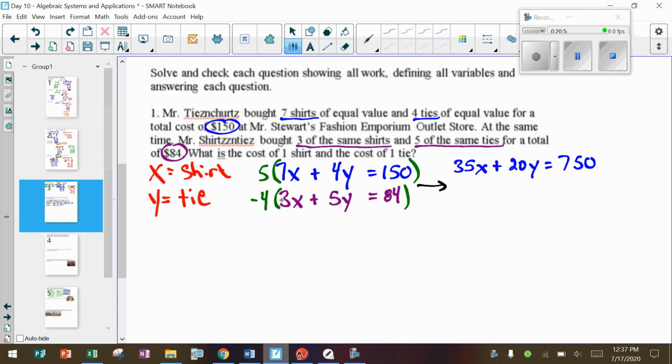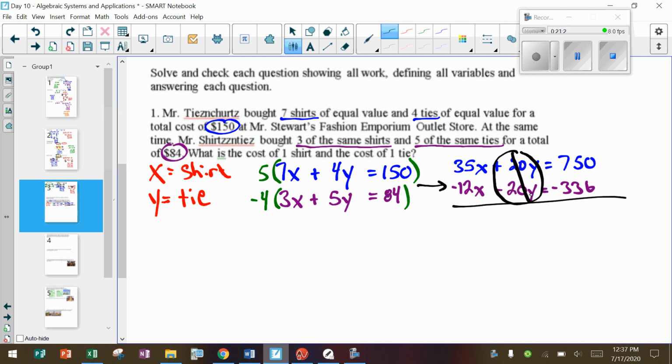So negative 4 times 3 is negative 12. Negative 4 times 5 is negative 20. And then 84 times negative 4 is negative 336. Once I have those set, I can go ahead and combine terms. And just like what I was hoping for, the y values cancel out.